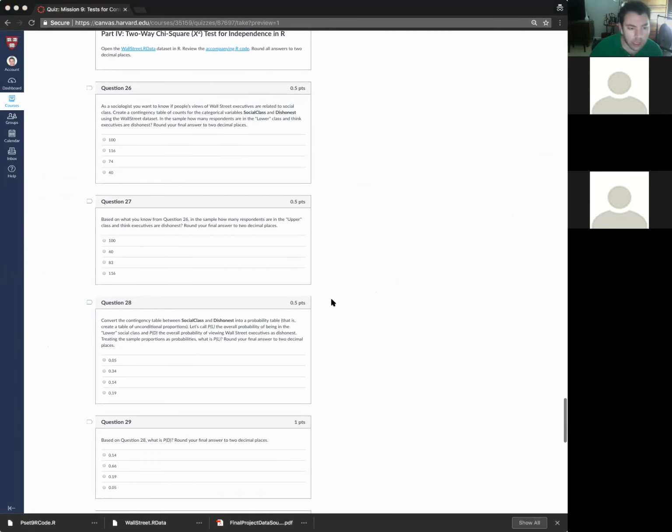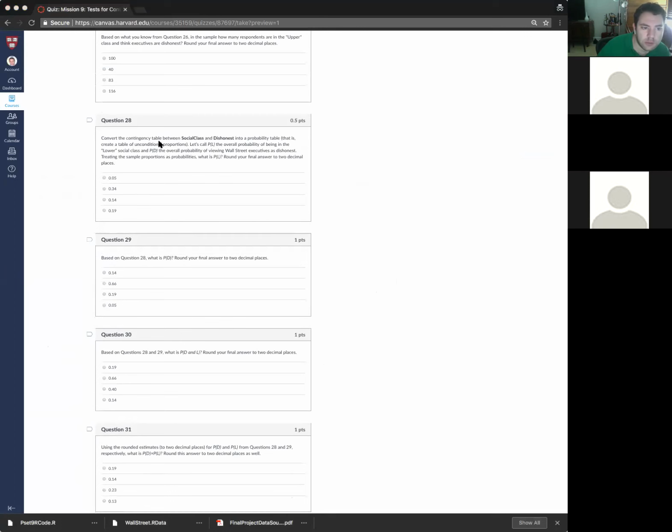If you look at question 28, we're going to convert the contingency table between social class and dishonesty into a probability table. So we're going to create a table of unconditional probabilities, and we're going to call the probability of L the overall probability of being in the lower social class, and the probability of D the overall probability of viewing Wall Street executives as being dishonest. It says, treating the sample proportions as probabilities, what is the probability of L?